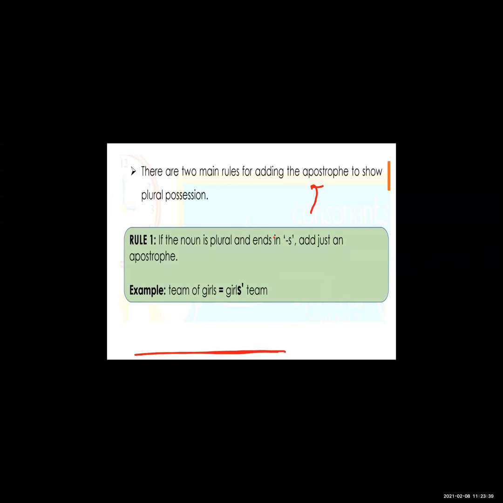Team of girls. If you have to write in short form, how you will write? Girls' team. You add the apostrophe after the s, and you don't have to add an extra s. So the meaning of these words is the team of girls.